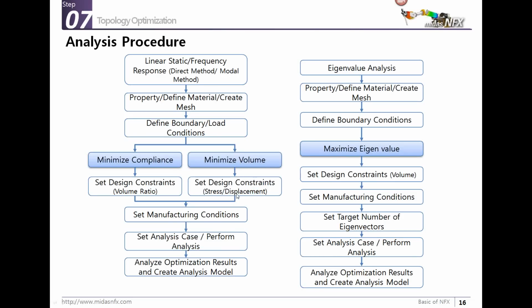So you set the sensor and you tell the software that I want a maximum displacement which should be below 0.01 millimeter, for example. Then you can set some manufacturing condition, you create the analysis case, and then you can analyze and get the result. And on the right is the process for maximizing the eigenvalue.